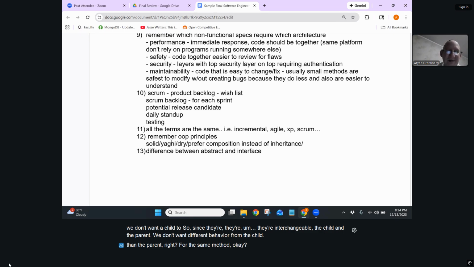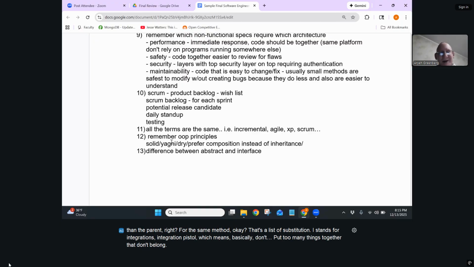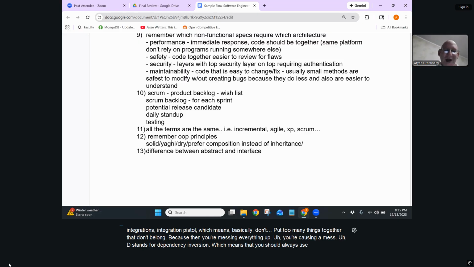That's Liskov substitution. I stands for the interface segregation principle, which means basically don't put too many things together that don't belong, because then you're causing a mess. D stands for dependency inversion, which means you should always use the most general type.